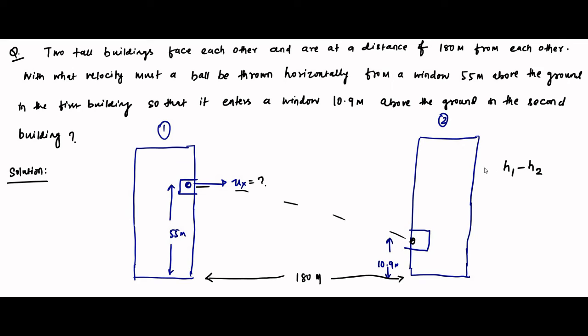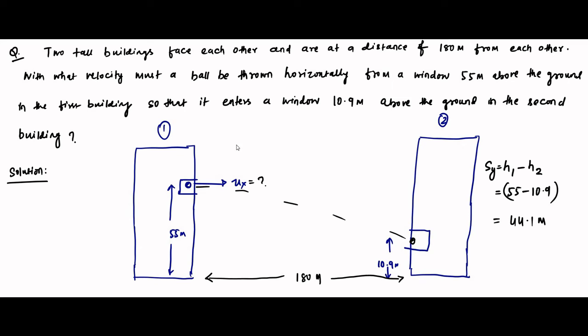That is the net vertical displacement, that is 55 minus 10.9, that is equal to how much? It's 44.1 meters. This is the net vertical displacement.